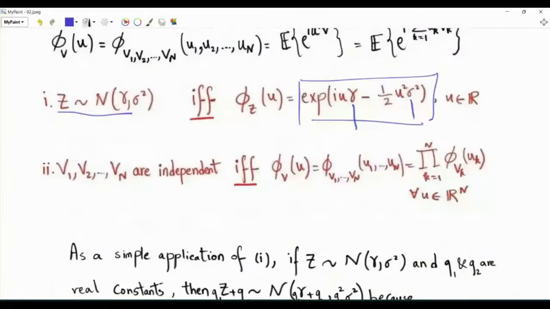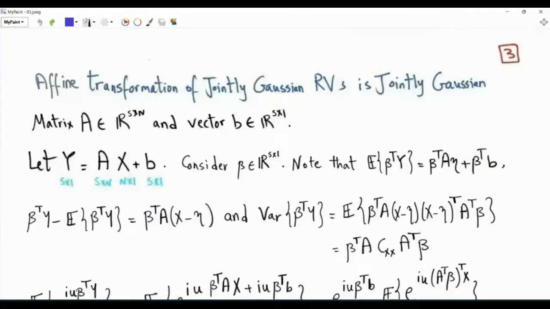The characteristic function of a random vector with independent components, or we can say the characteristic function of independent random variables, is the product of the characteristic functions. An affine transformation of Gaussian vectors yields a Gaussian vector.